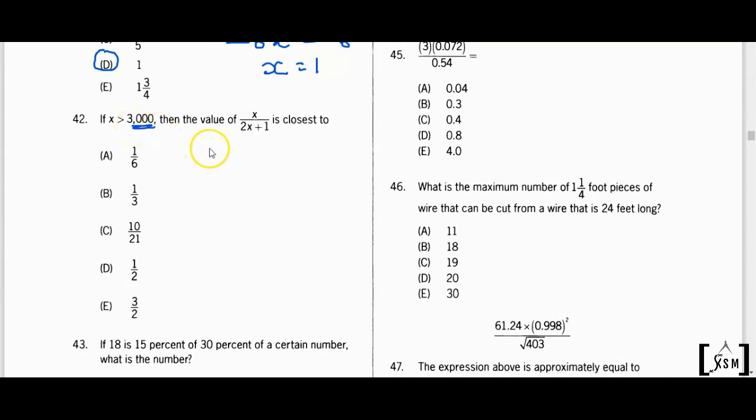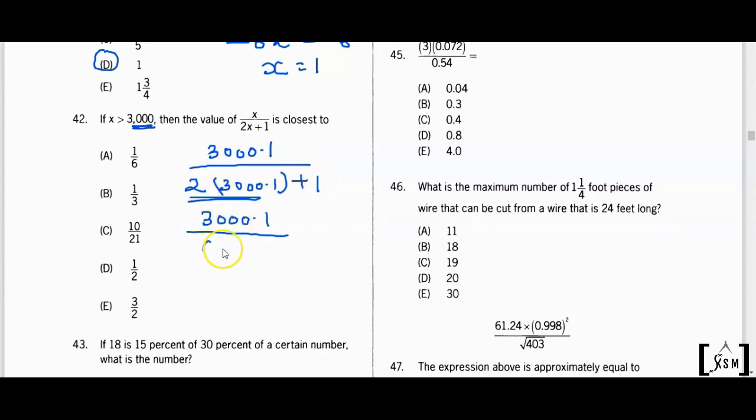So I will just plug in 3000.1, because this number is greater than 3000, right? 2 times 3000.1 plus 1, right? Let's solve that. We get 3000.1 over 6000.2 plus 1 will get 6001, right?